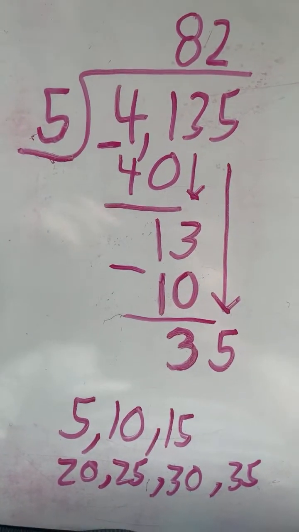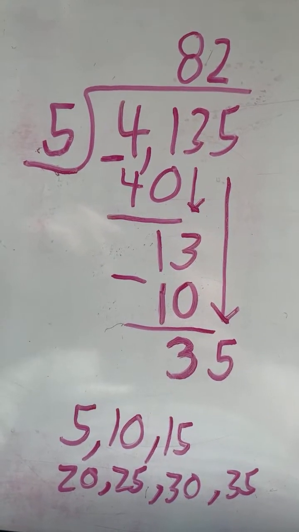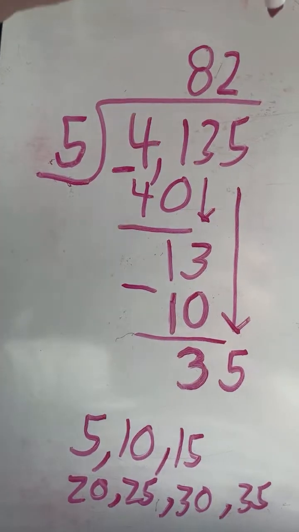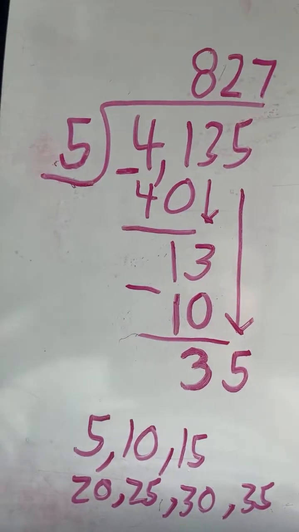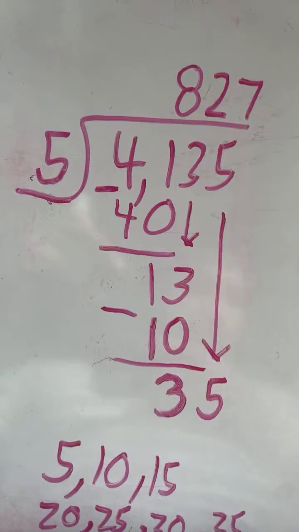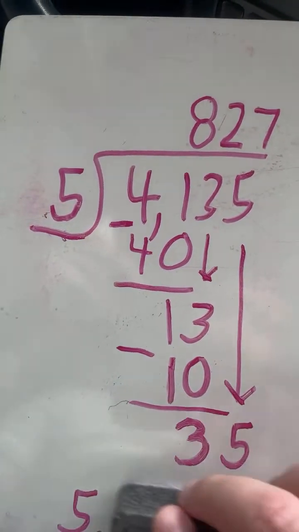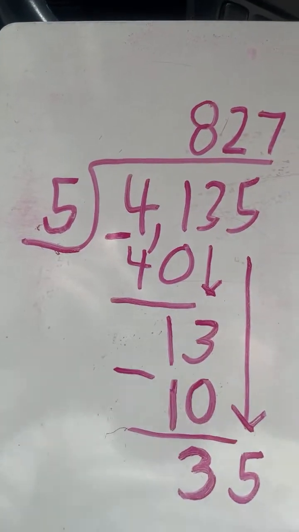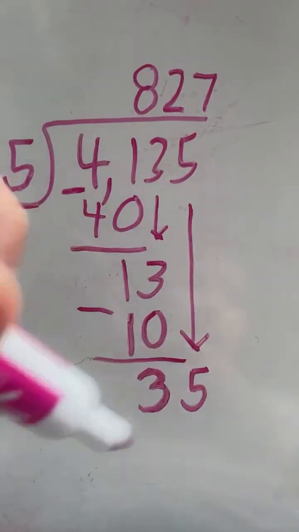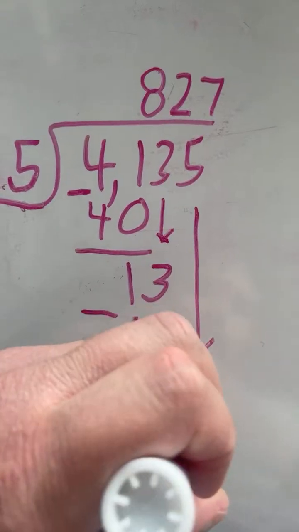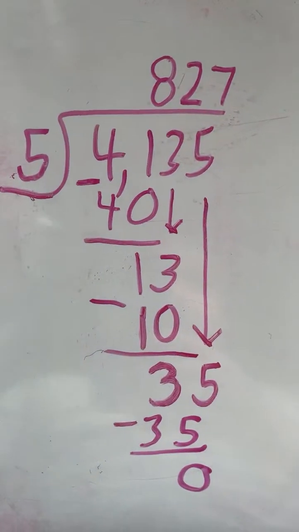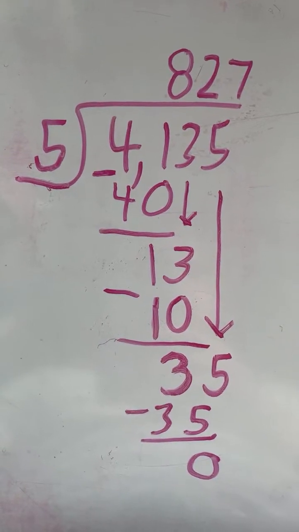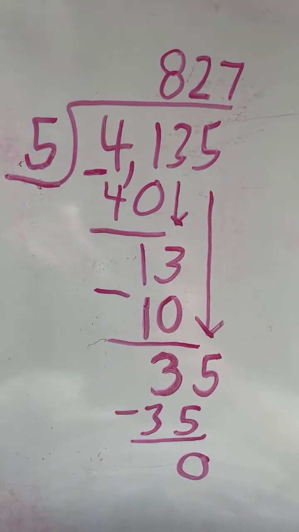So for that one, we ended up getting 7 full groups of 5. So we're going to do 35 minus 35 to see if there is any remainder. There is not, so we have a whole number answer. 4,135 divided by 5 equals 827.